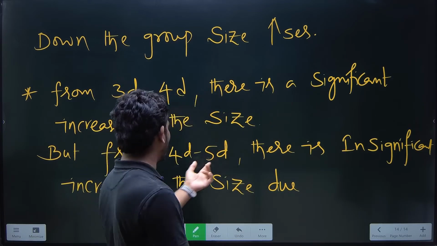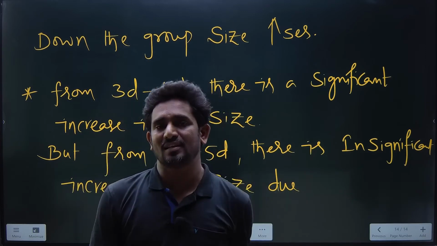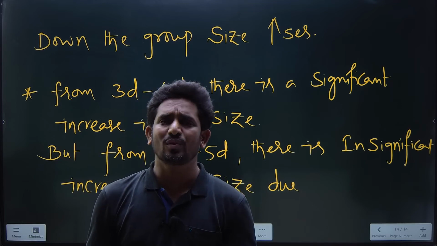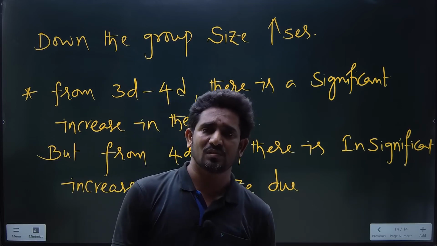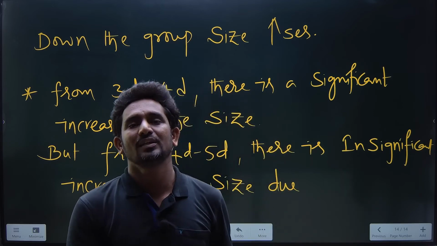Look at here, in 5d series, after lanthanum there are 14 f electrons. So hafnium onwards there is a sudden drop in the size.